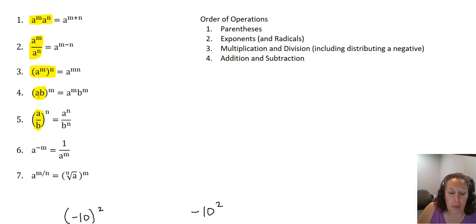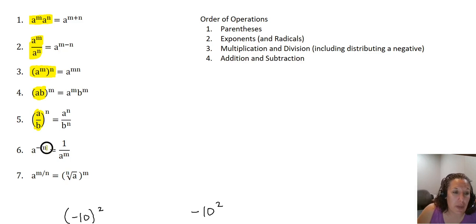If you have a plus or a minus, because of order of operations, the plus and the minus put it down on a bottom level. You have to have either the product or the quotient raised to a power. You cannot distribute a power if there's a plus or a minus in there.